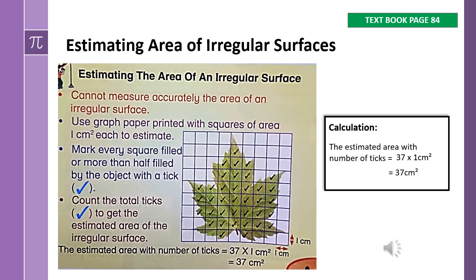So if you see here, they only mark those boxes that are more than half or fully filled, and then you count the total ticks, then that is the estimated area for the leaf. In this slide, the estimated area with number of ticks equals 37. So 37 times 1 square centimeter, the answer is 37 square centimeters.